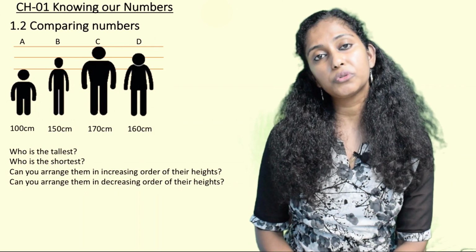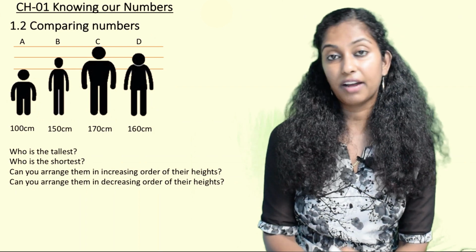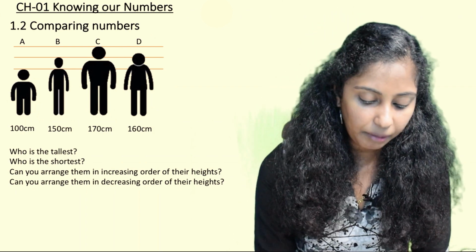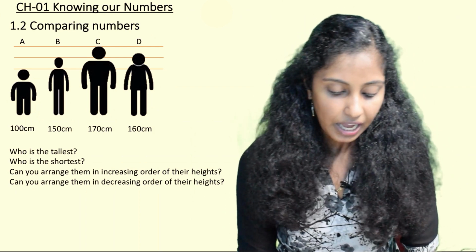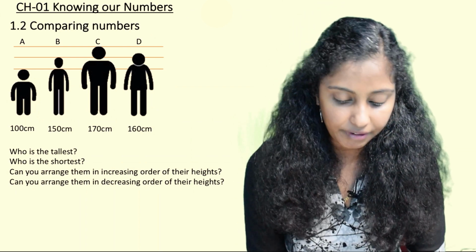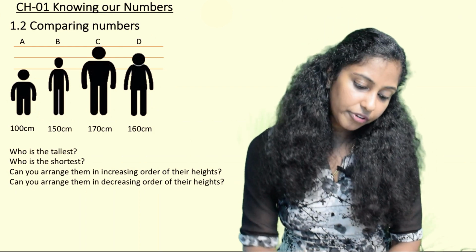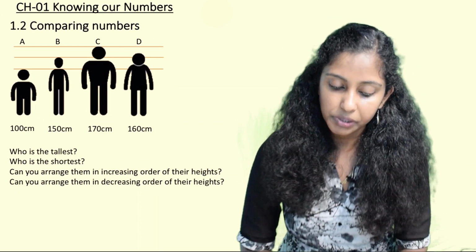Now we are going to see how we compare numbers. Here you will see in this image there are 4 people, namely A, B, C and D. And here the heights of those people are given as 100, 150, 170 and 160 centimeters.